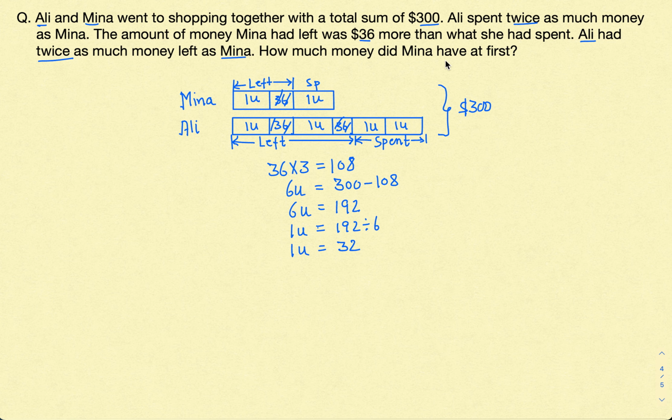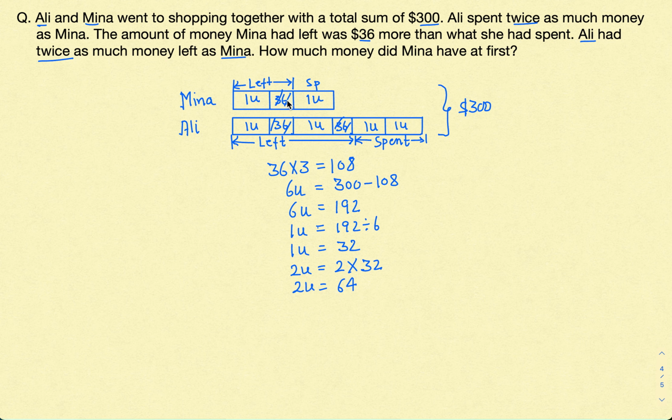Now let's read the final part of the question, which asks how much money Meena had at first. You can see from here she was having 2 units plus another 36. Let's first find out how much 2 units is. Since 1 unit is 32, 2 units will be 2 times 32, which gives us 64. So 2 units is 64.